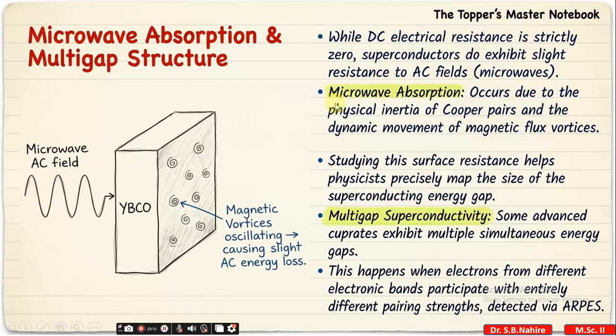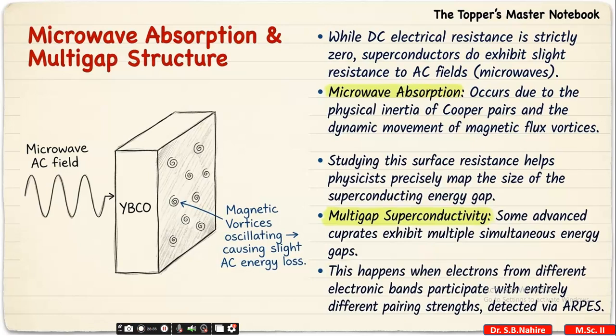Next concept. Microwave absorption. This occurs due to two main reasons. First, the physical inertia of Cooper pairs. Second, the movement of magnetic flux vortices inside the material. Because of these effects, there is a slight energy loss when microwaves interact with the superconductor.